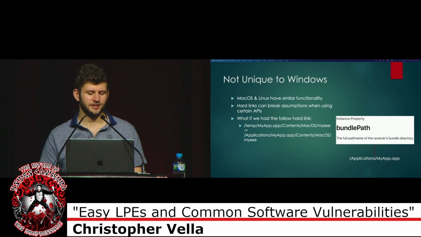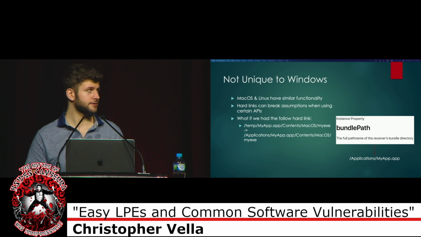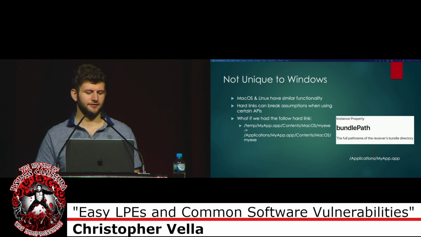And the application doesn't know any better and does something silly and insecure on the assumption that the only path it's going to return is this /applications/myapp.app bundle path that's really hardened. But that may not be the case. So it's definitely not a set of vulnerabilities unique to Windows.